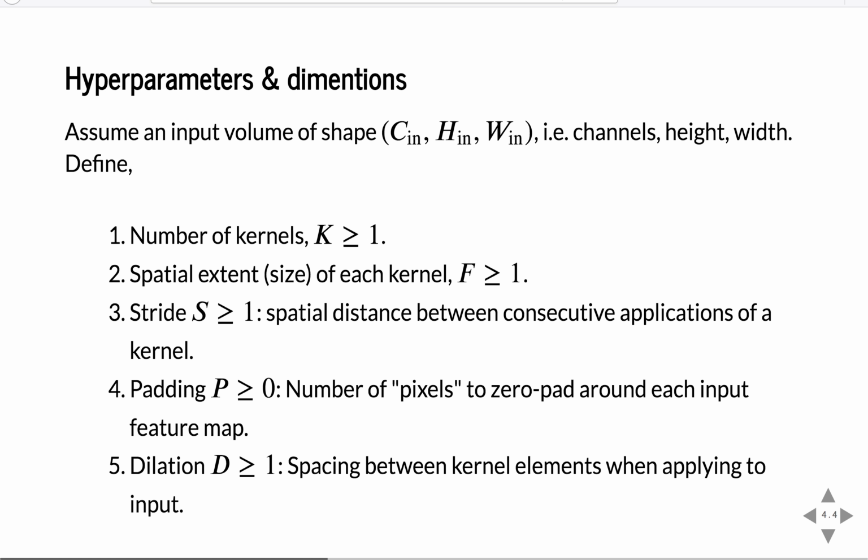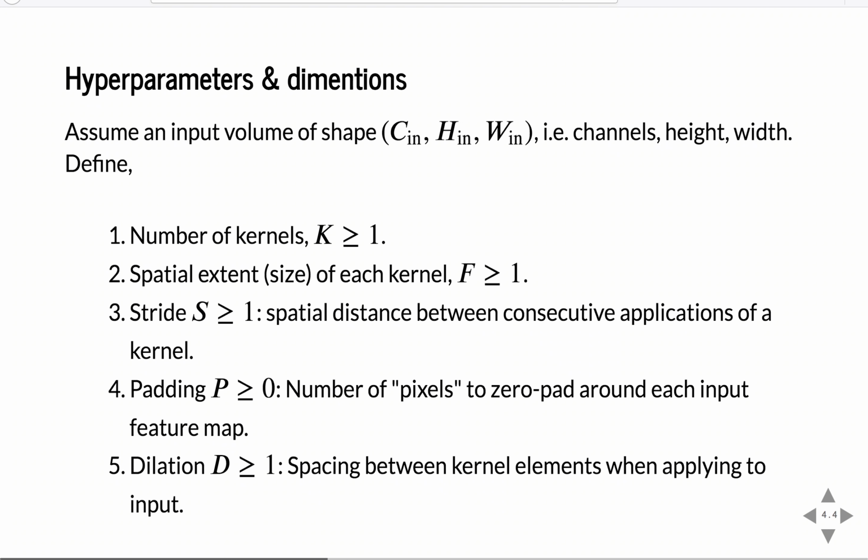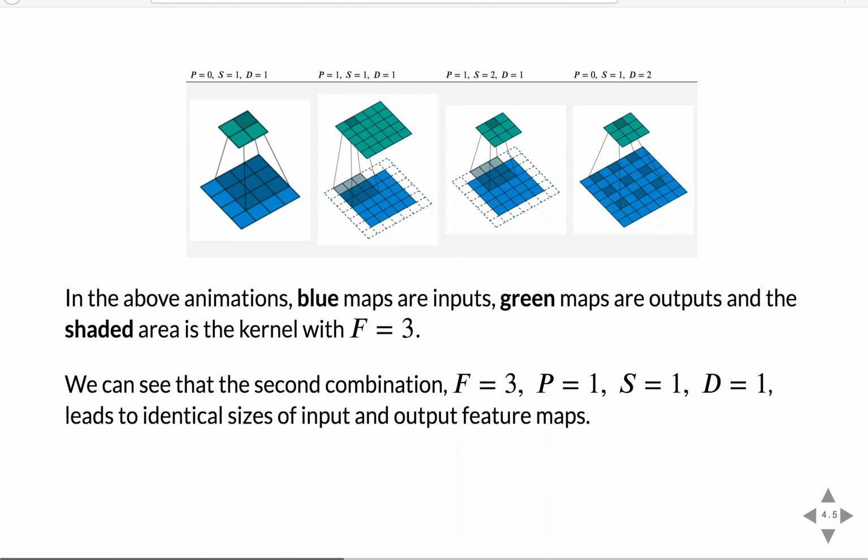I'll show you a visualization of that very soon. Then whether or not I'm padding my input, and a parameter called dilation, which is how I'm applying my filter to my input. This relates to what Alex was talking about previously with dilated convolutions. I'm showing it here for completeness, but we don't have a lot of time to talk about it. Per conv layer, you have all these parameters to define, and they influence the output shape.